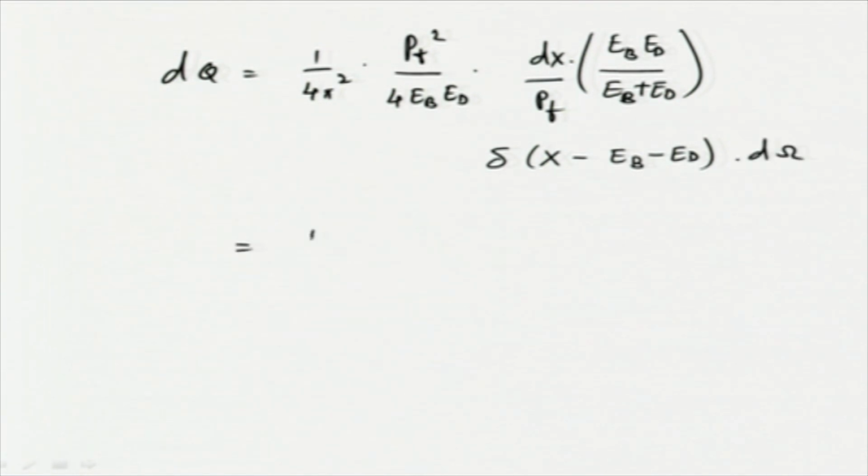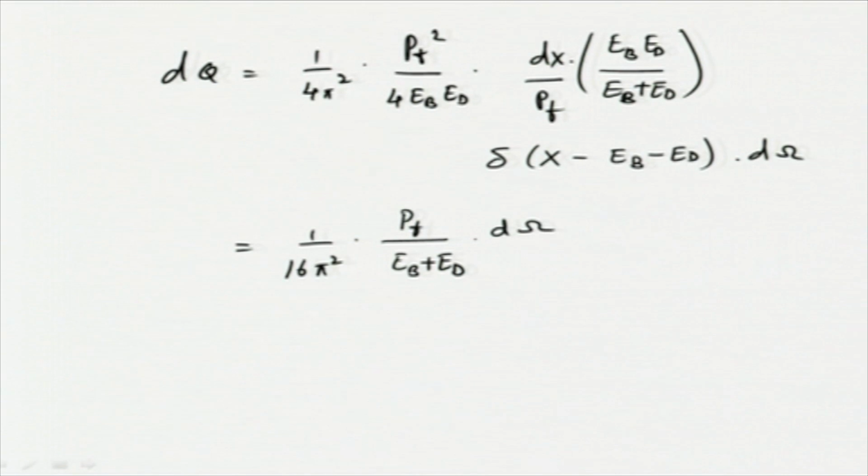So, this is 1 over 16 pi square. A p_f cancels with the other p_f. So, you have a p_f there. E_b E_d cancels with the E_b E_d there, and then there is an E_b plus E_d here.